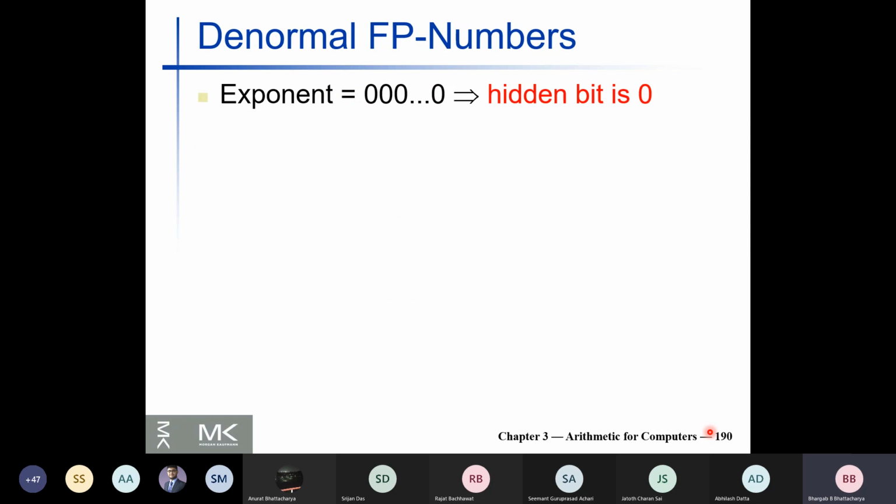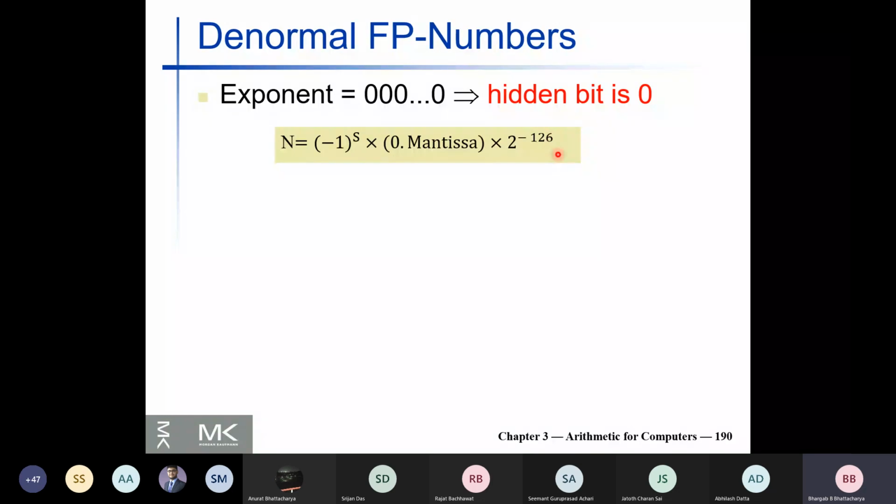Then let me summarize the denormal floating point numbers. Exponent is 0. Hidden bit is also 0. It's not 1. And so when you reconstruct the number, this is (-1) to the power sign as before, 0 point mantissa, hidden bit is 0, and then exponent is fixed as 2 to the power minus 126.